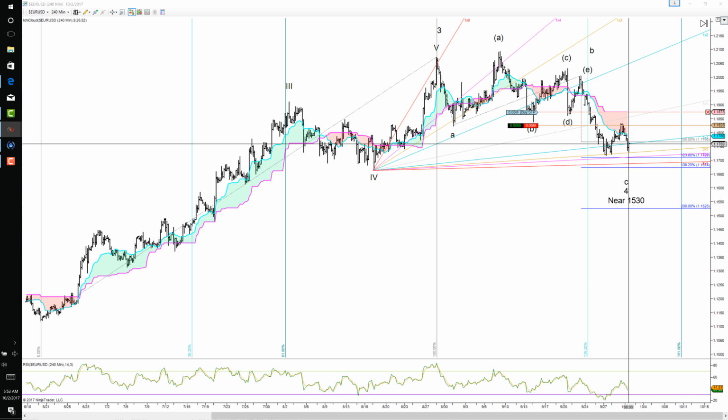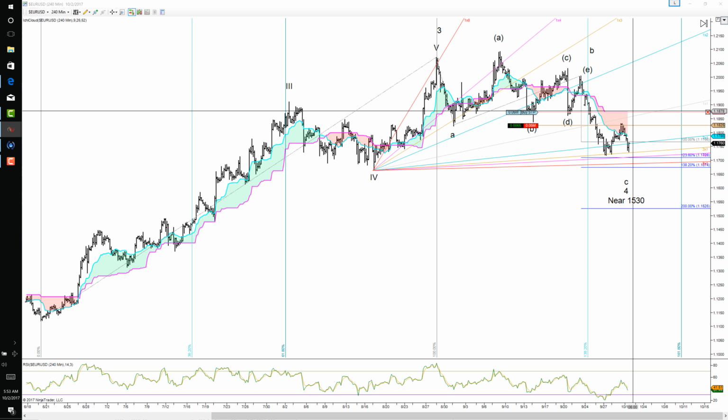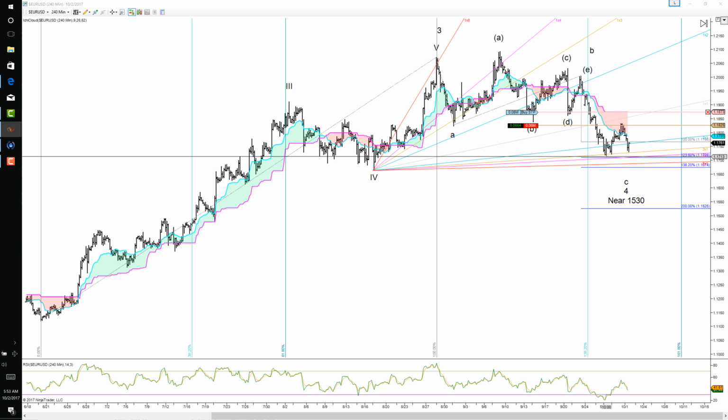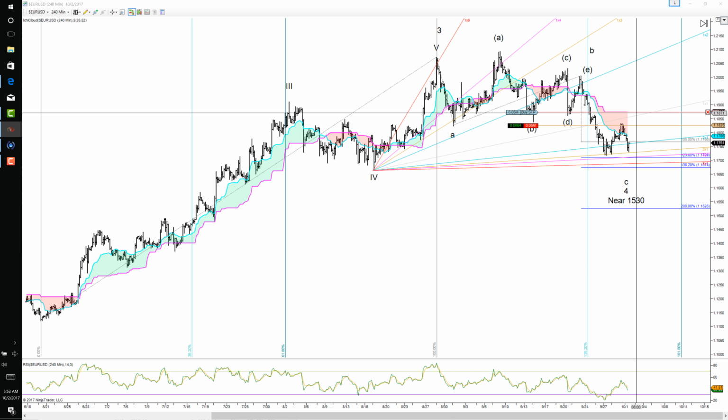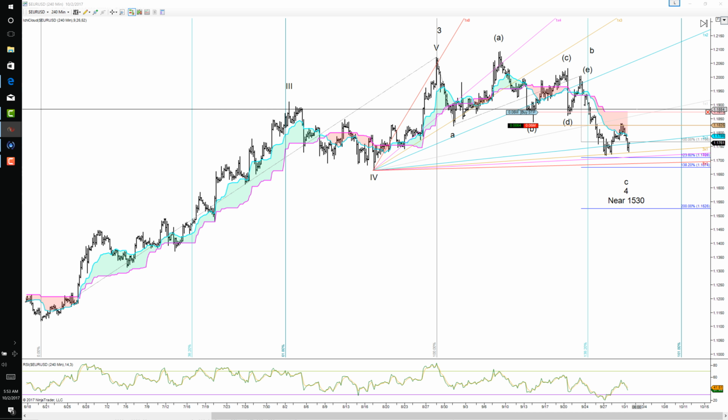If you try to go short anywhere in here, you're taking a risk, because price could continue to go up. This can be 3, this can be A, this can be B, and now you can see C of 4 come here. It can actually stop me out, but at that point, I would move my stop loss here, knowing that it's going to go back down.